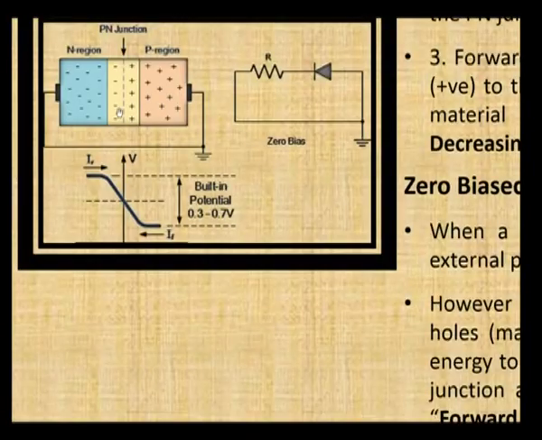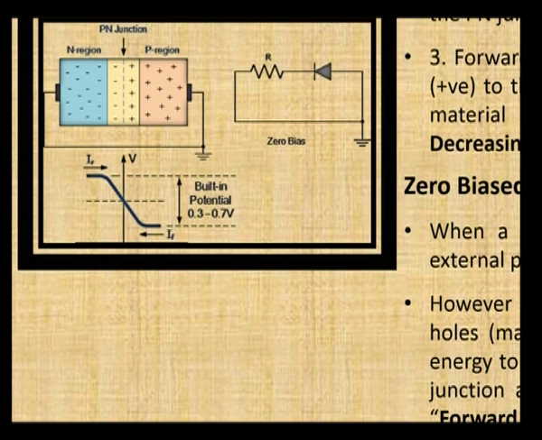In a reverse bias, what we do is we apply a negative voltage to the p region of the p-n junction diode, and the n region is connected to the positive terminal of the external voltage. That is what we call a reverse bias.